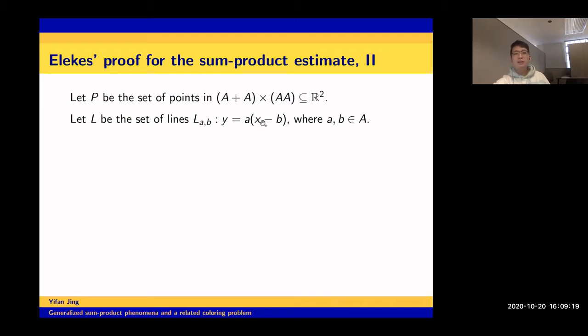If x takes values from A plus A, so x has the form x plus b, where x is an element in A and b is an element in A, then plugging x plus b in, y would lie in A times A. This is why we choose such lines.